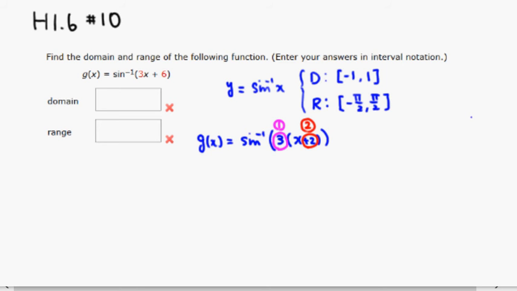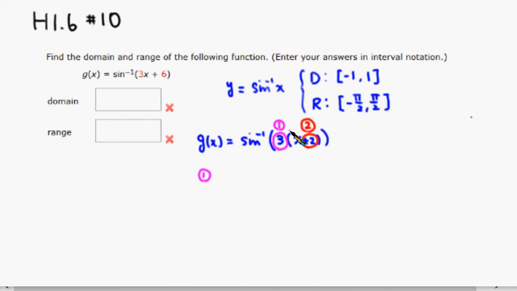For the first transformation, you multiply by 3. This is going to be a horizontal compression or a horizontal expansion.